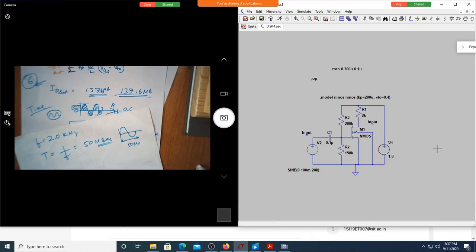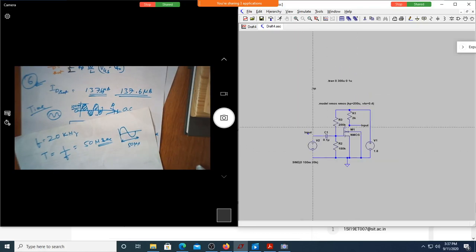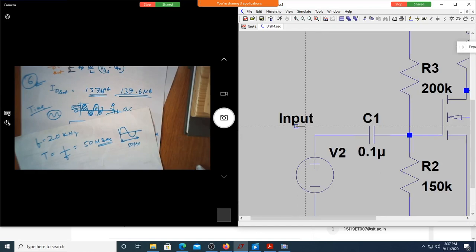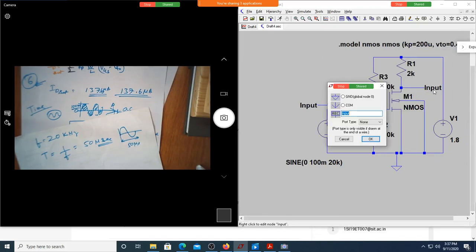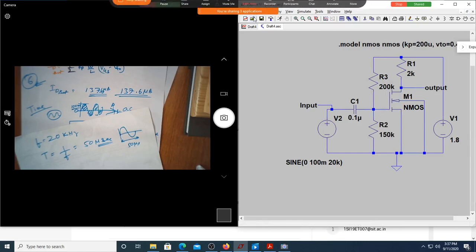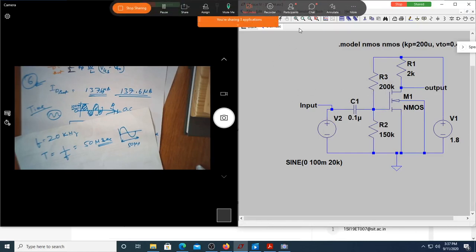We'll discuss all these things in the coming classes. For the time being, understand that you are measuring it at the drain. Now I need to change this to output. Suppose by mistake you put it as input itself, they will get shorted. Now let me run.